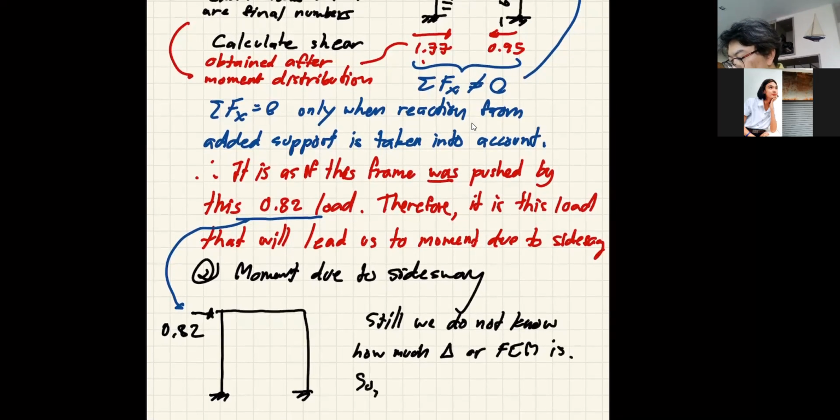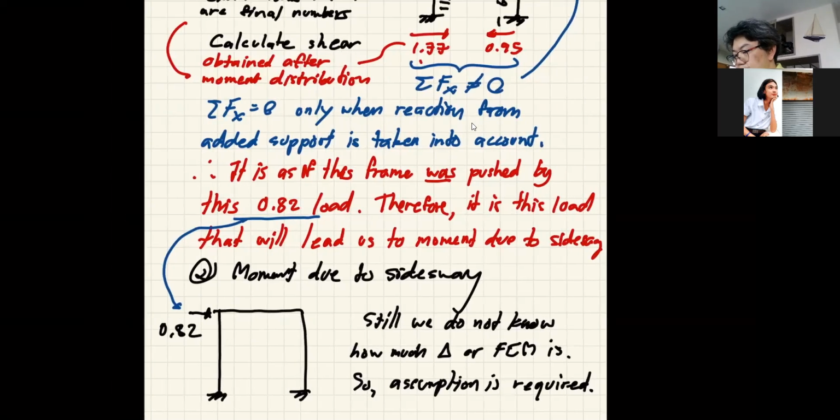So assumption is required. Okay, now we are going to make our assumption, but again, we must make the assumption based on the true relationship of the frame as well.